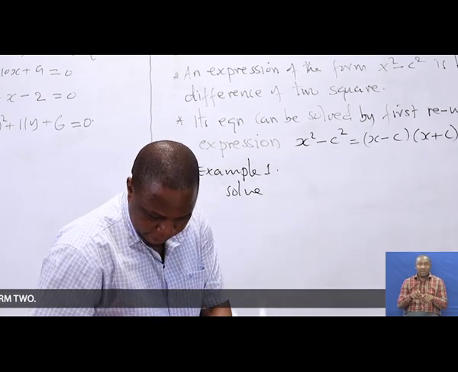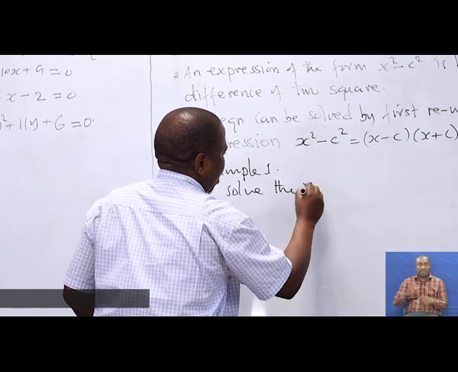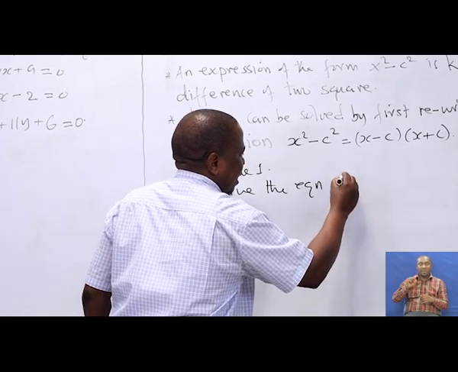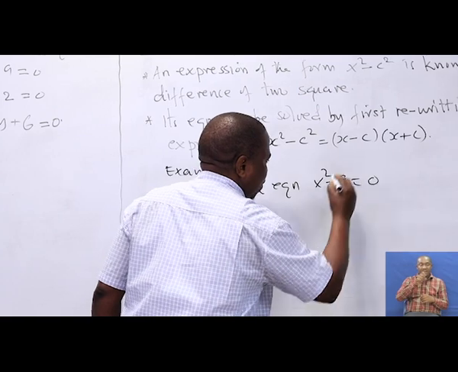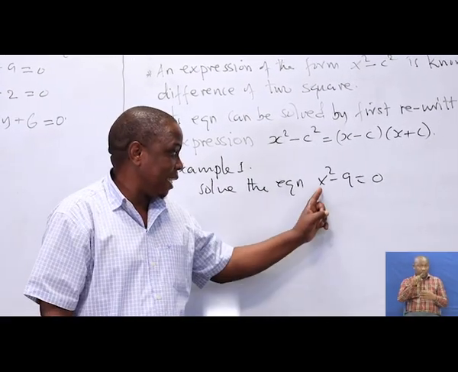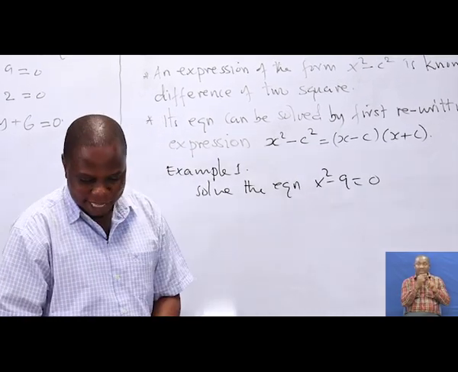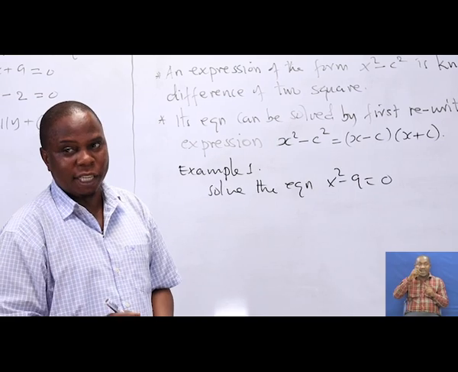the equation x squared minus 9 is equal to 0. I told you, a quadratic is characterized by having this term here. Because this square is there, it's a quadratic equation.